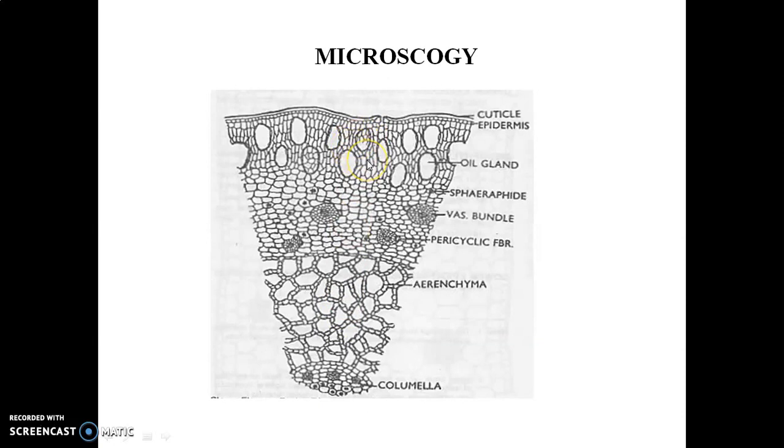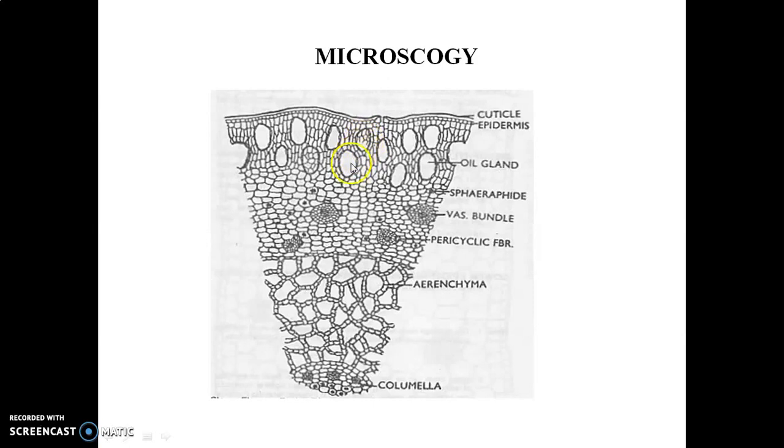Regarding the upper zone, this consists of radially arranged parenchymatous cells with 2 to 3 layers of big ellipsoidal schizolysigenous oil glands.